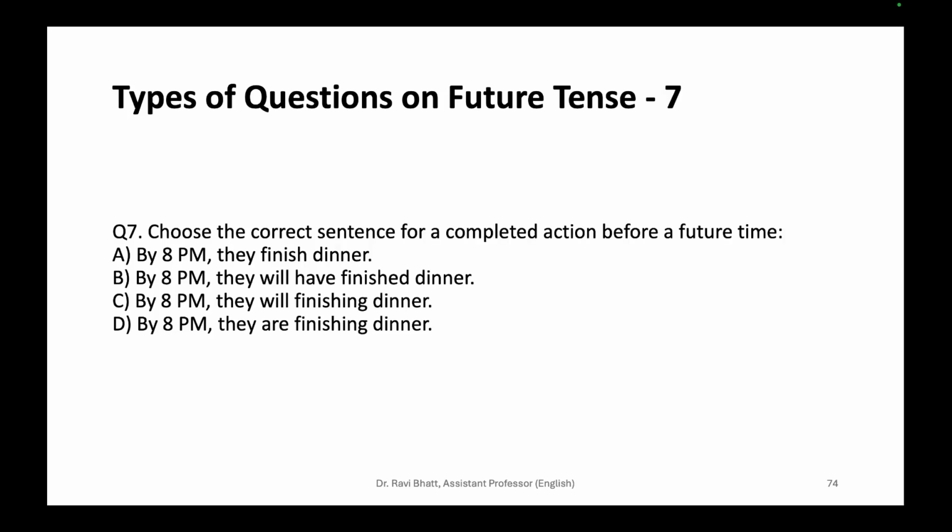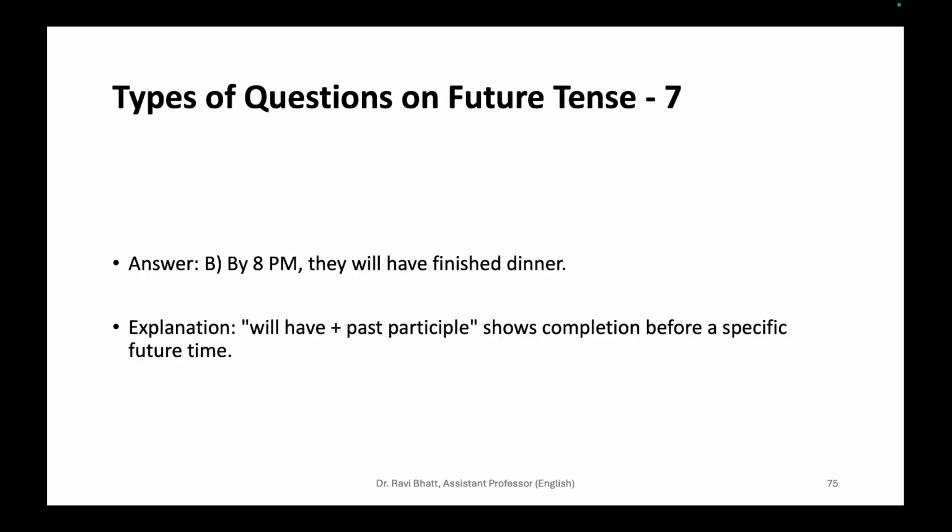Question 7. Choose the correct sentence for a completed action before a future time. By 8 p.m., they finish dinner. By 8 p.m., they will have finished dinner. By 8 p.m., they will finishing dinner. And by 8 p.m., they are finishing dinner. So let's see which is the correct answer.